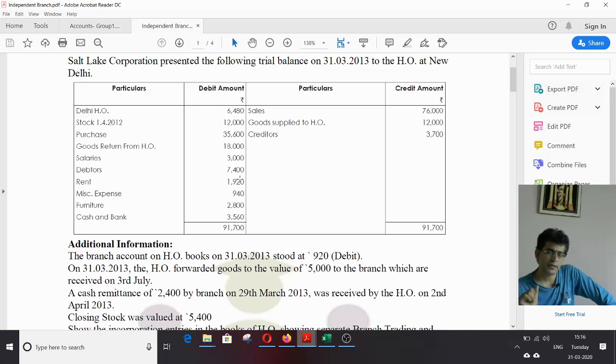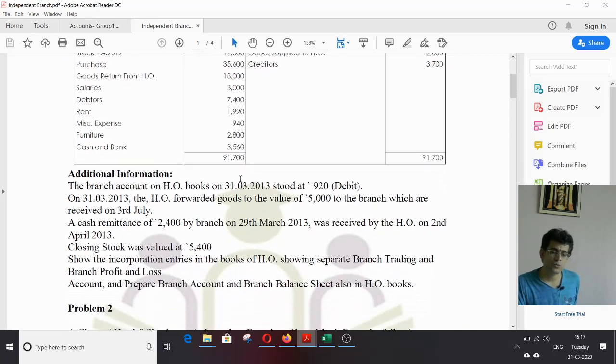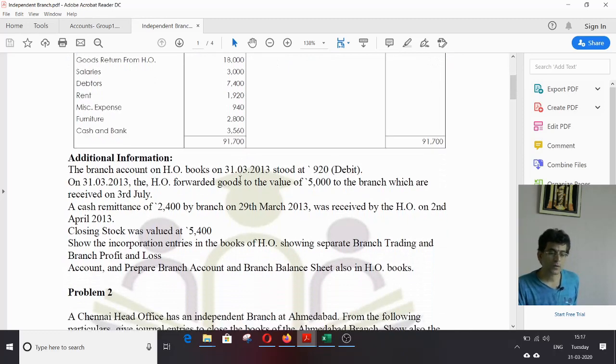When the branch has prepared the accounts, the head office balance will be there. Whatever amount of balance is there, that is called the Delhi head office account. And at the same time, the Delhi head office will also maintain the account. So it says the branch account on head office books on that date is 920 rupees debit. We'll come to that later stage.